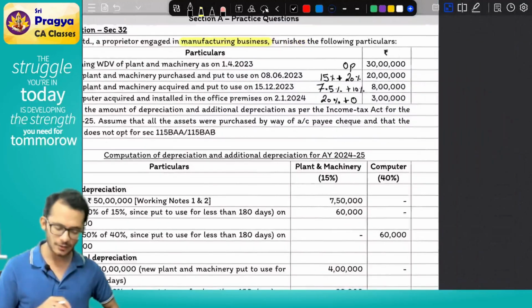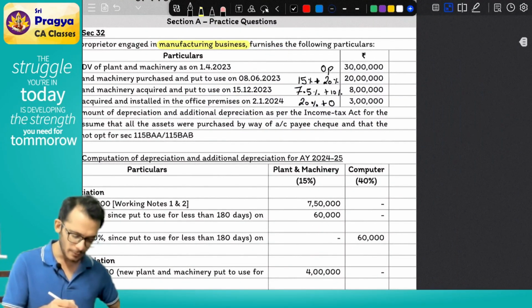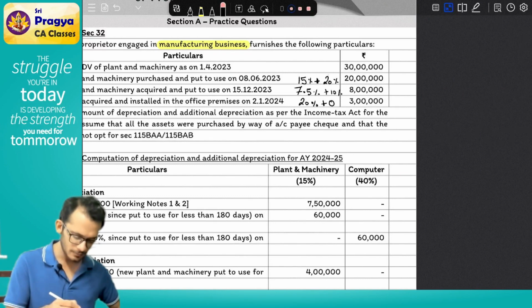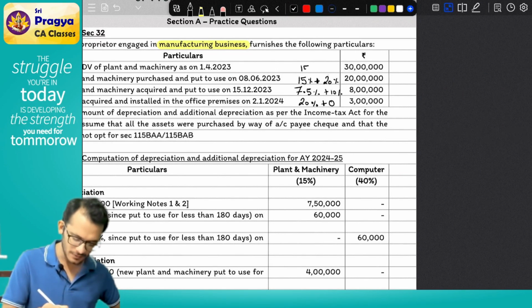Now do you have the numbers? Can you do it? Opening WDV will be depreciated at the rate of 15%. Additional depreciation is 0. Yes.